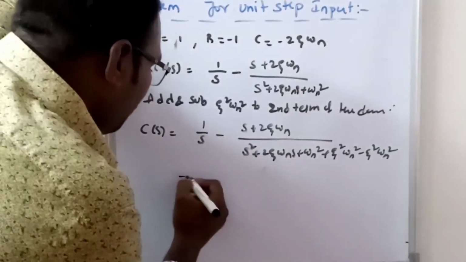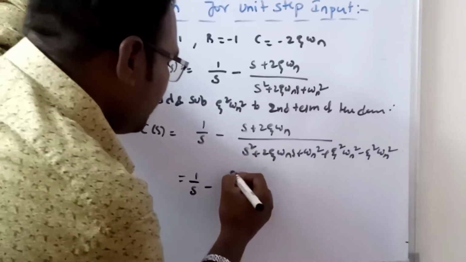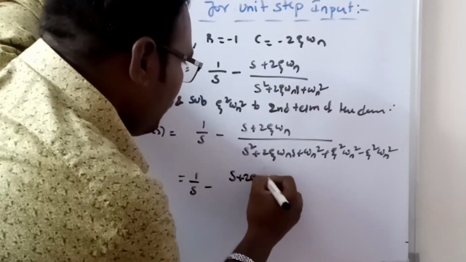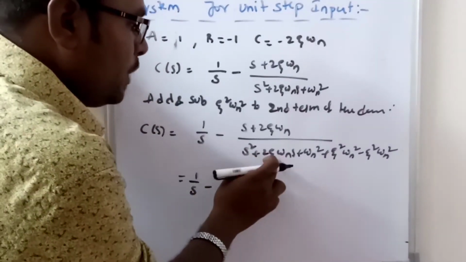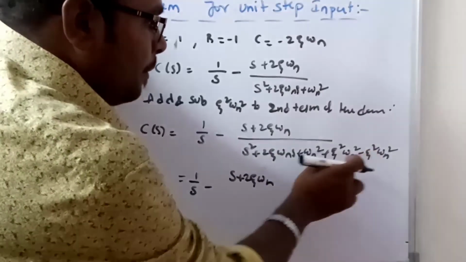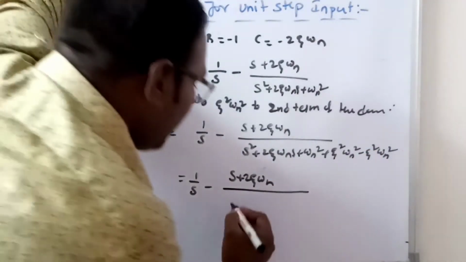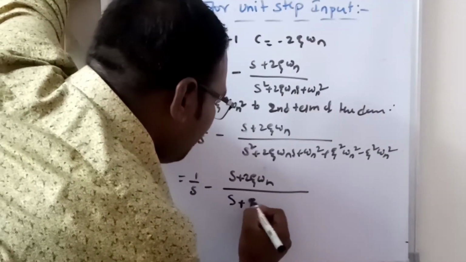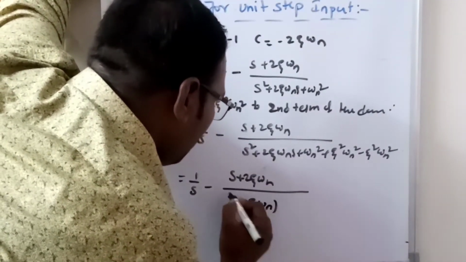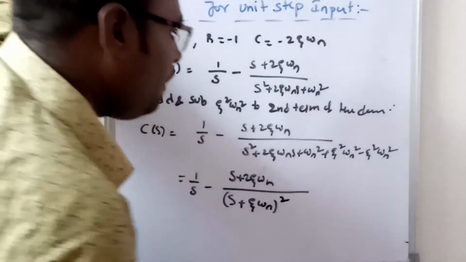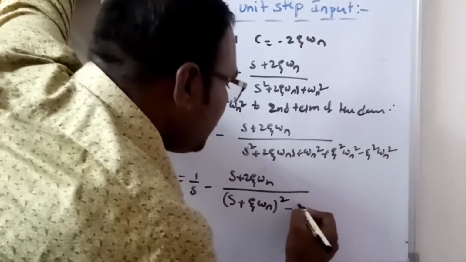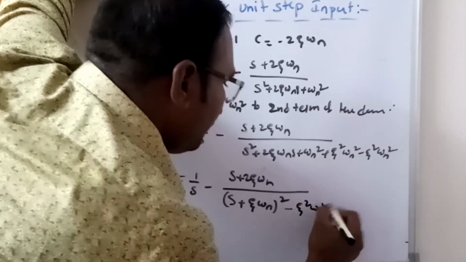Okay, now 1 by s minus, s plus 2 zeta omega n. See here, s square plus 2ab plus b square seems to be a formula, a plus b whole square. So we can convert this into s plus zeta omega n whole square minus zeta square omega n square.